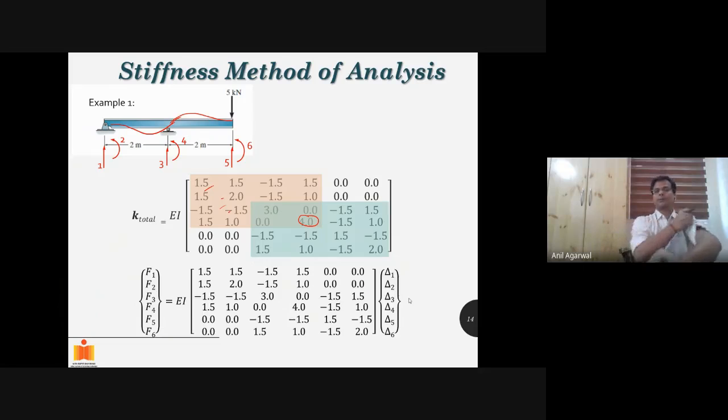Now, we have got 6 equations here, and we have to see how many unknowns we got. If you look again, we have got delta 1, delta 2, delta 3, delta 4, delta 5, delta 6, and the 6 forces. 6 displacements, 6 forces. Total, we have 12 potential unknowns.